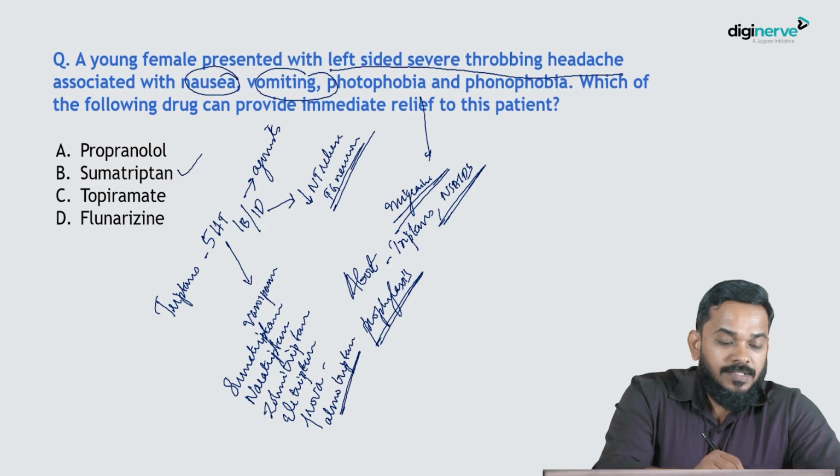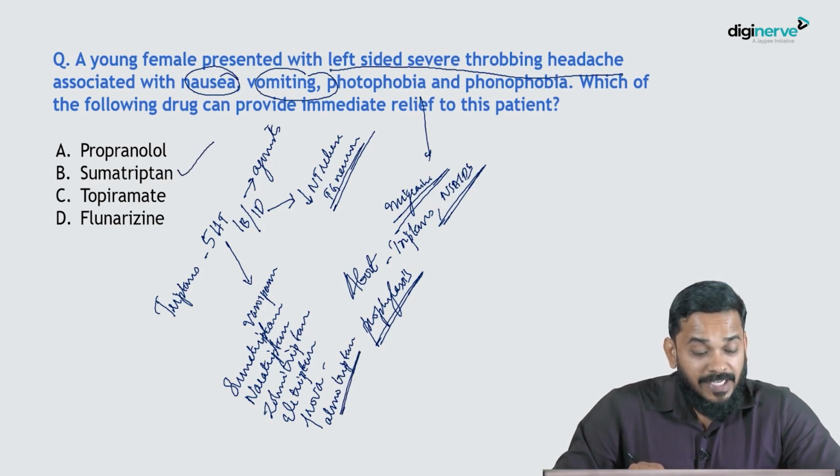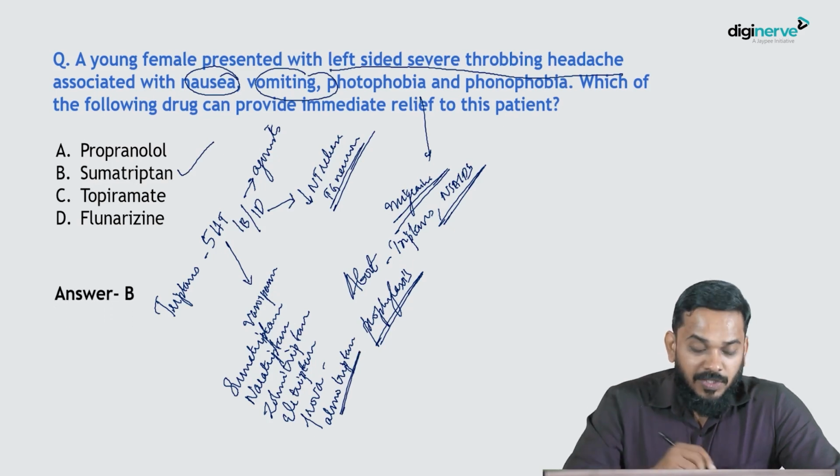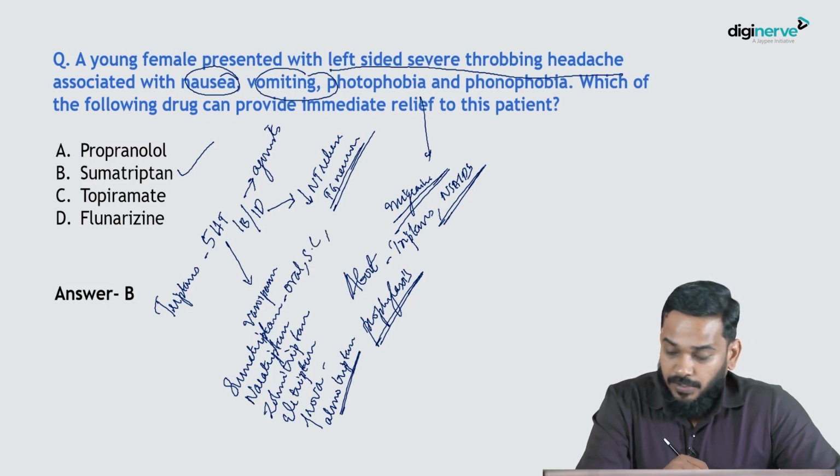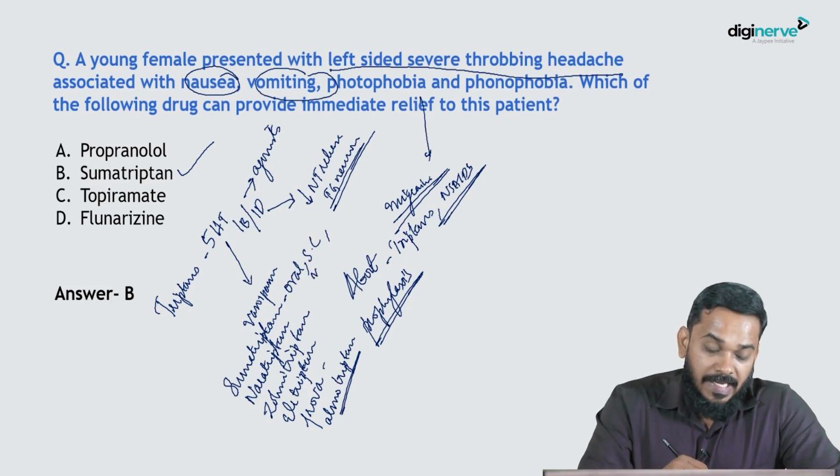So, among these agents, triptans can be used for terminating an acute attack of migraine. So, the option would be sumatriptan. Sumatriptan is available as oral formulation, subcutaneous formulation, and it is also available as nasal spray.